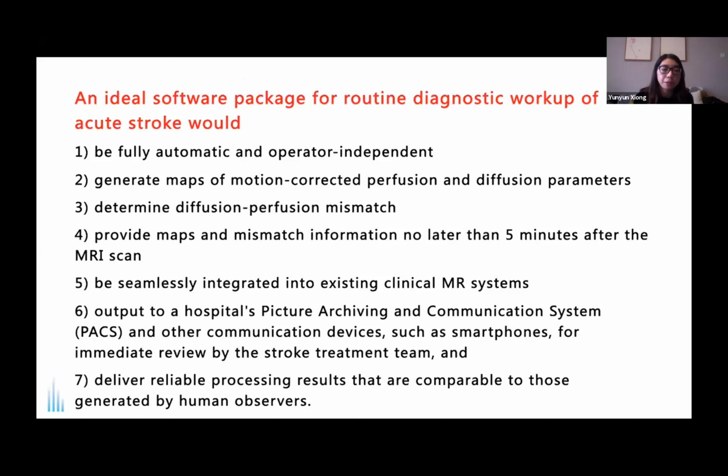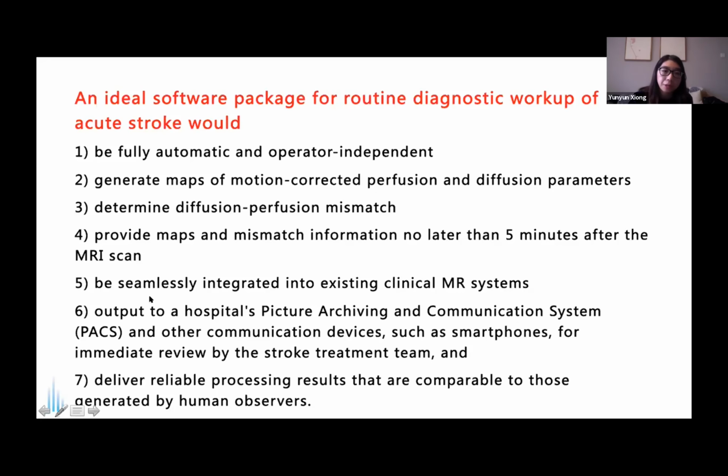We wish this software can generate maps of motion-corrected perfusion and diffusion parameters, and determine diffusion-perfusion mismatch for patients for whom we can initiate tissue plasminogen activator (tPA) thrombolysis or thrombectomy. We wish this software can provide maps and mismatch information no later than 5 minutes after the MRI scan, because the MRI, with DWI and the ADC, is the gold standard for the infarct volume and the infarct location.